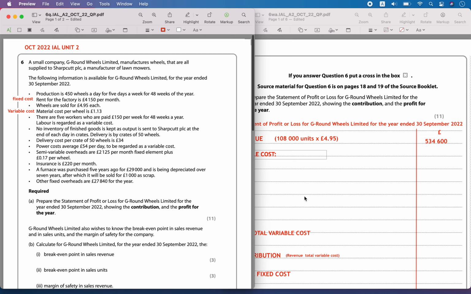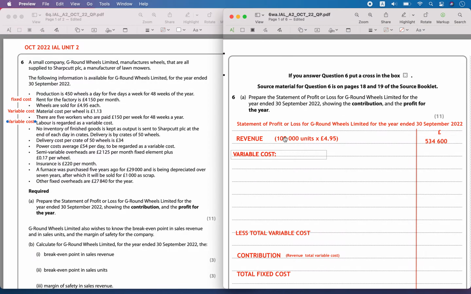Whichever varies with the quantity produced is a variable cost. If it is not dependent on the quantity produced, then it's a fixed cost. Now there are 5 workers who are paid 150 a week for 48 weeks. Labor is regarded as a variable cost, as they have given it here.